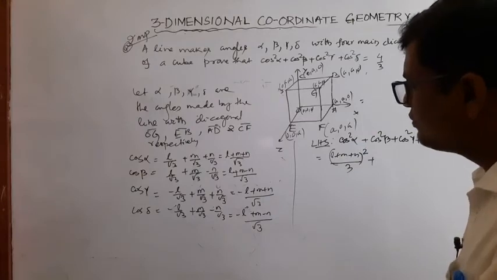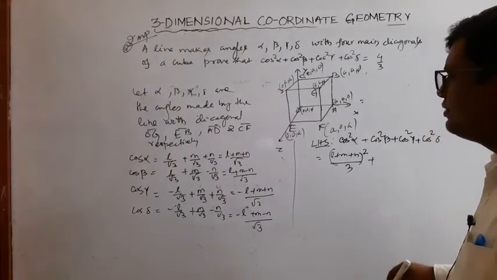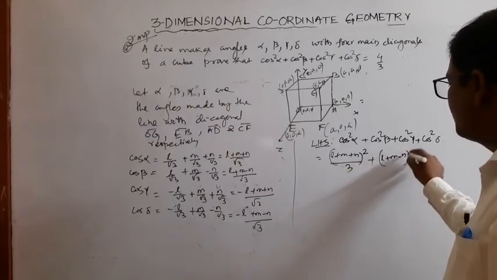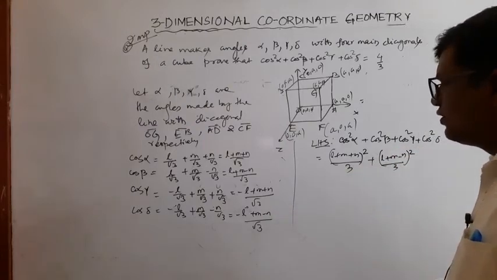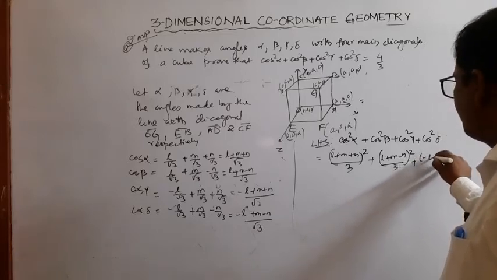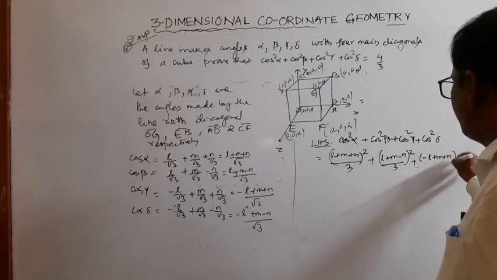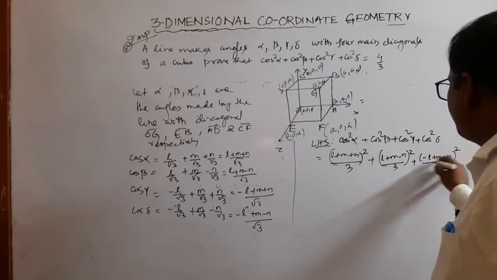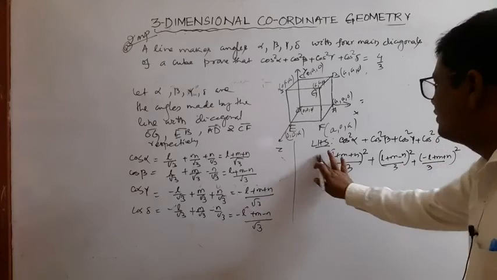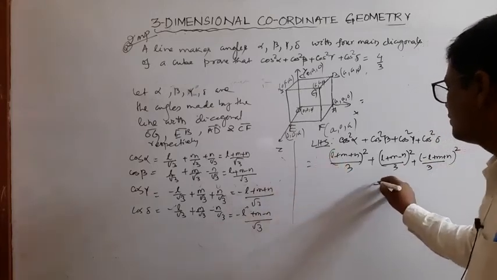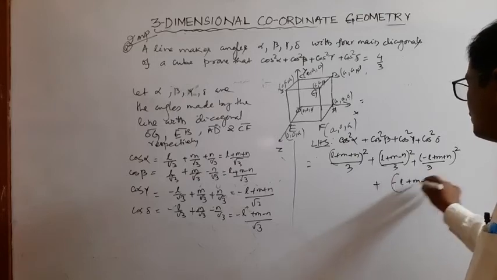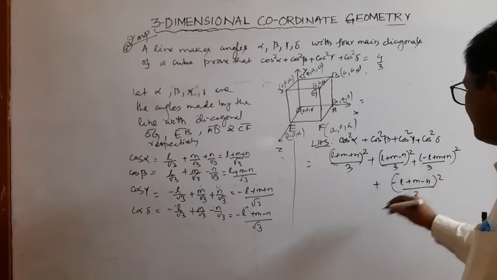Cos square beta is L plus M minus N whole square by 3. Cos square gamma is minus L plus M plus N whole square by 3, and finally plus minus L plus M minus N whole square by 3.